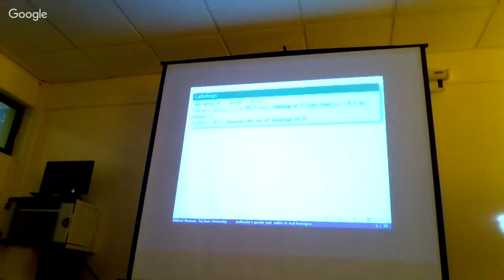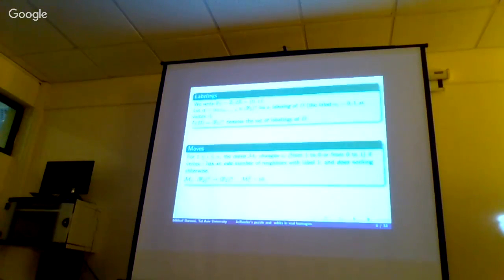Now I again explain what moves are. I define the move m_i, a move of the game. How is it said in Spanish? Movida. Okay. So we have a move. I define a move for any i.